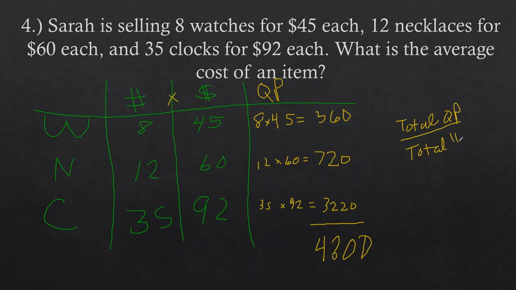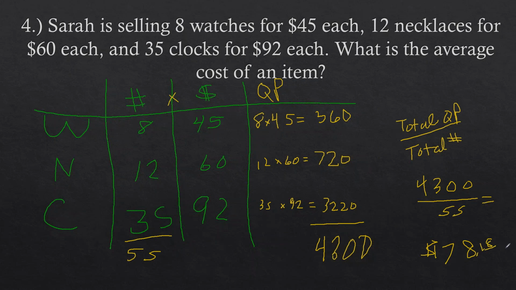Number. Yep. Because it goes back to the same idea of the normal average, right? You're dividing by how many you have. So 4,300 is the total cost of all of our items, and we have 55 items. So when we divide by the 55 items, that gives us an average cost of $78.18.